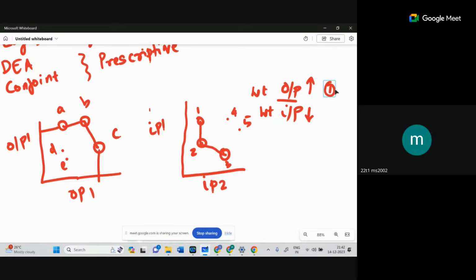DMU 1 is choosing its weights optimally so that its efficiency is maximized. Based on the weights of DMU 1, you will also assess 2, 3, 4, and 5, and check whether they are relatively efficient. That is what we are doing in DEA, right?